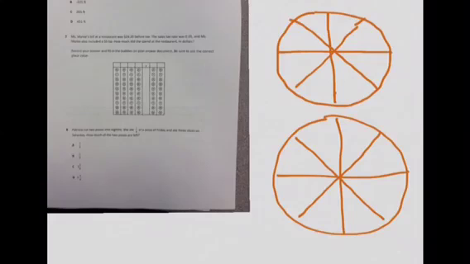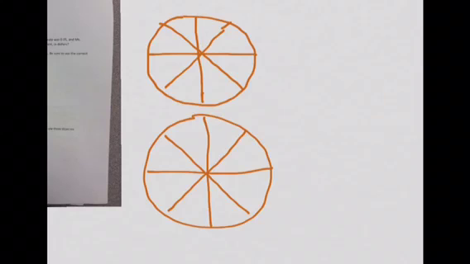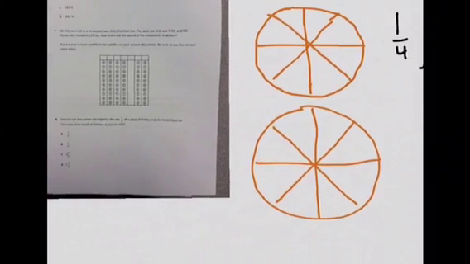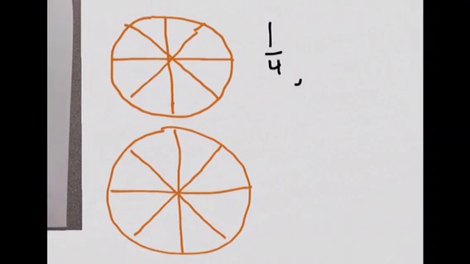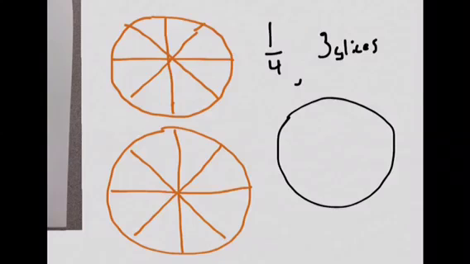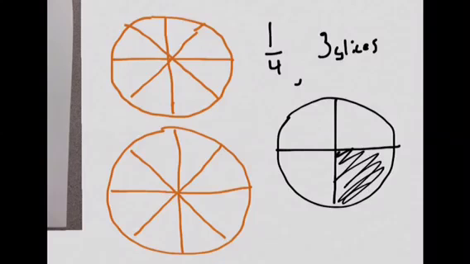Okay, so we eat 1/4 of 1 pizza, and then we eat 3 slices on Saturday. Okay, slices. Well, if I draw another circle here to show what a quarter is, like this. That's a quarter of a pizza.